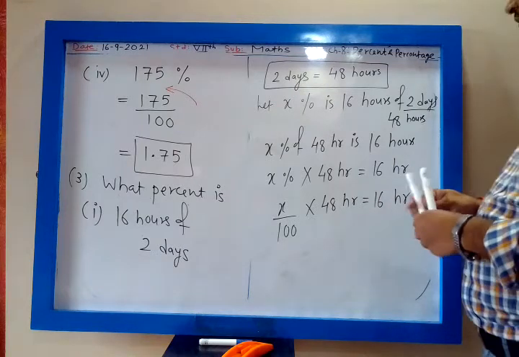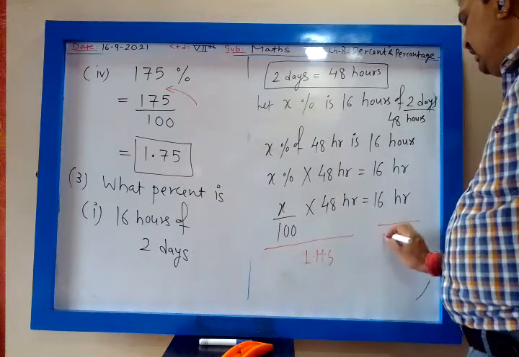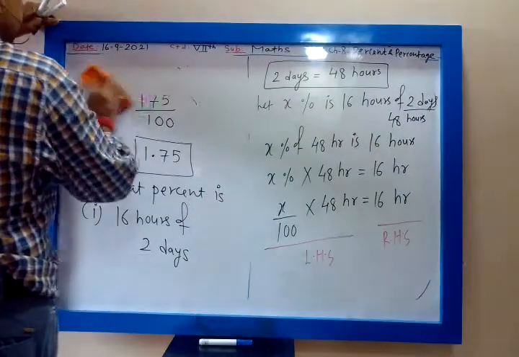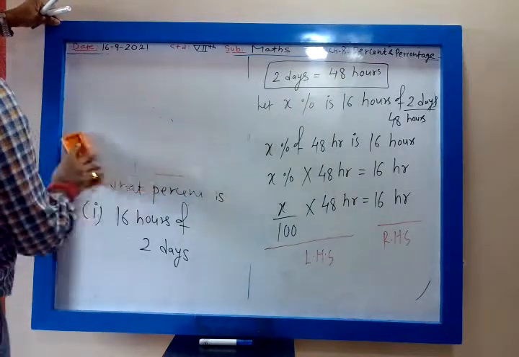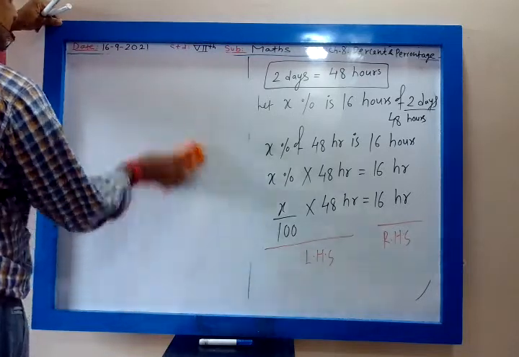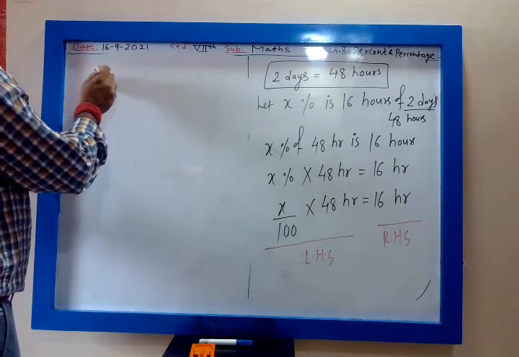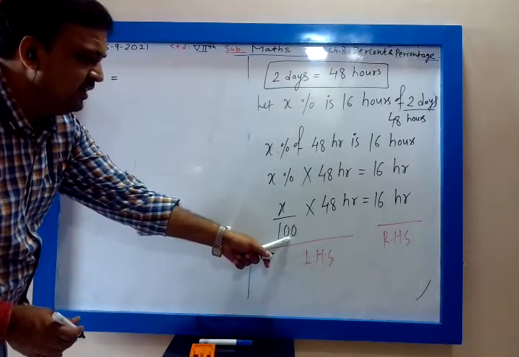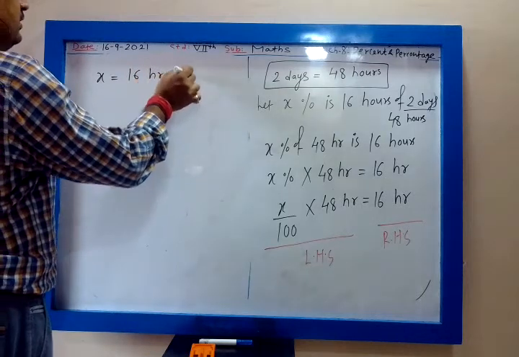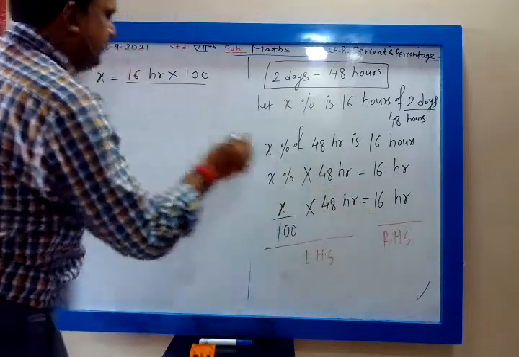Okay? Now see here, before the equal to sign, it is my left hand side. After the equal to sign, it is my right hand side. And whenever we change the side, multiplication becomes division, division becomes multiplication. So X is equal to, this 100 is in the division, so 100 will go in the multiplication. 16 hours into 100, upon 48. 48 is in the multiplication, so 48 will go in the division.